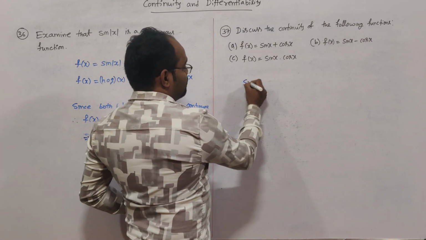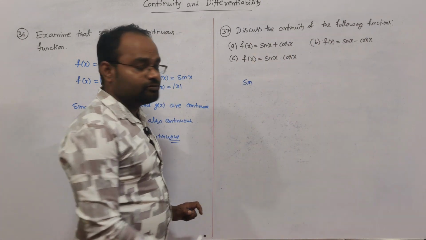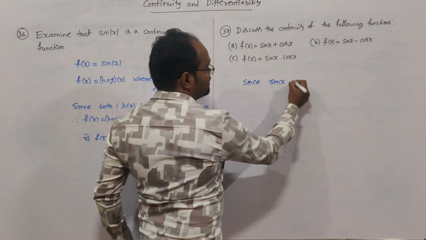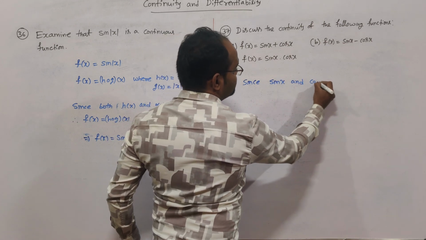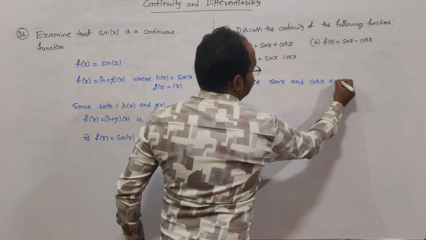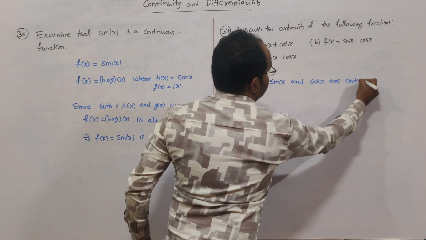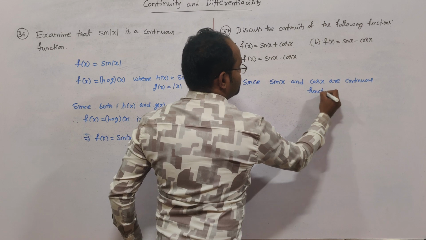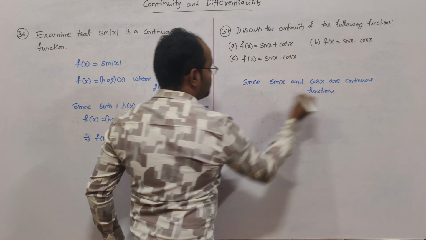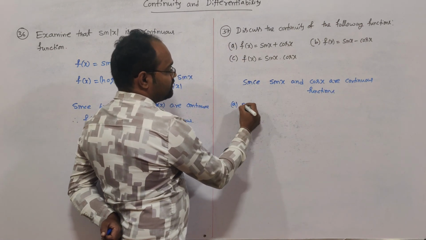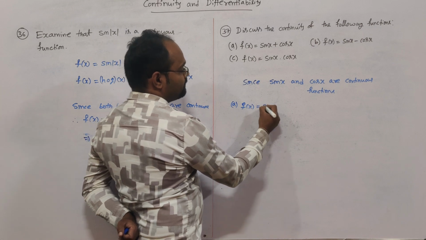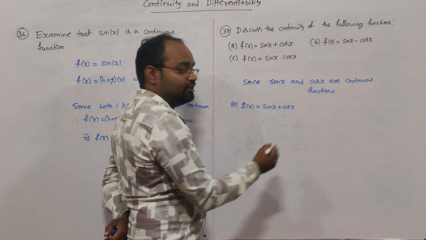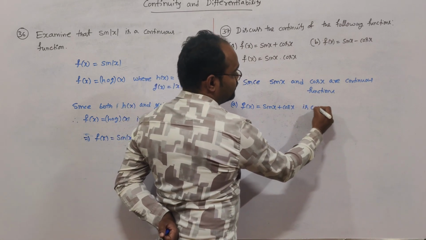Let us give one common reason for all of them. Since sin x and cos x are continuous functions, we know this. Therefore, in the first case, f of x is the sum of sin and cos, sin x plus cos x. Since both are continuous, this sum is also continuous.